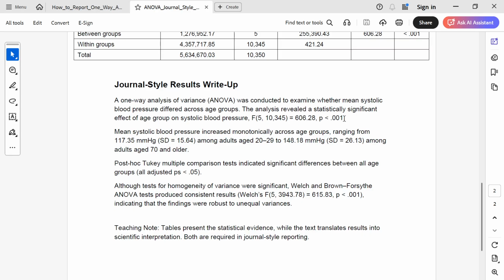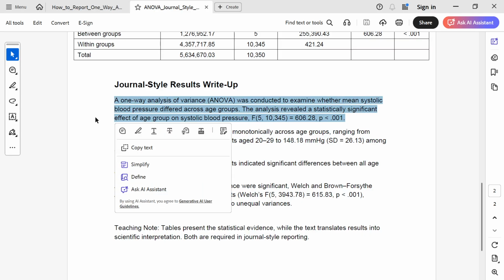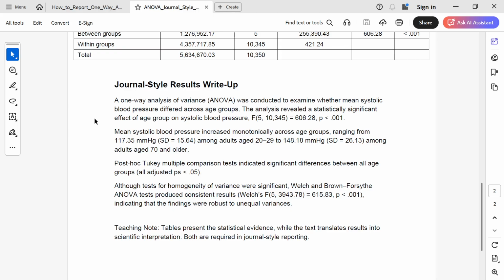That one sentence represents the whole table, because journals don't give you a lot of space to write so much detail about these results, right? Because the audience and the readers already know what this means, so they are very brief in their interpretation.